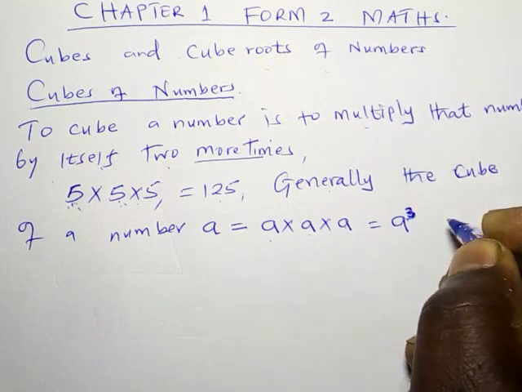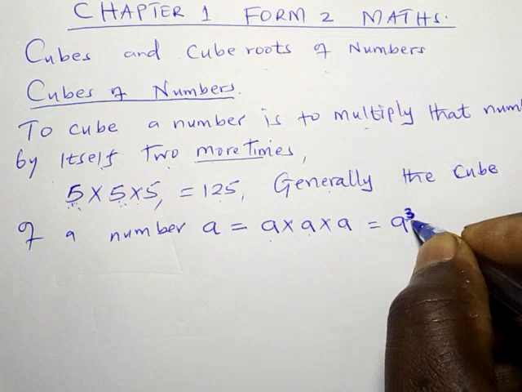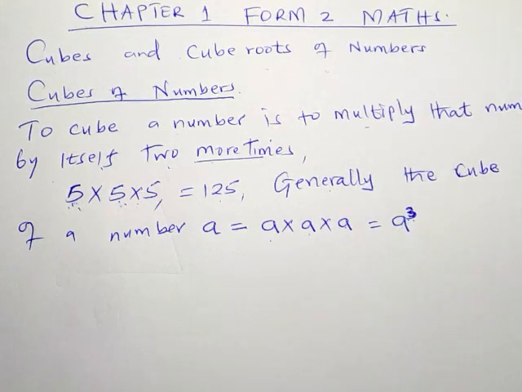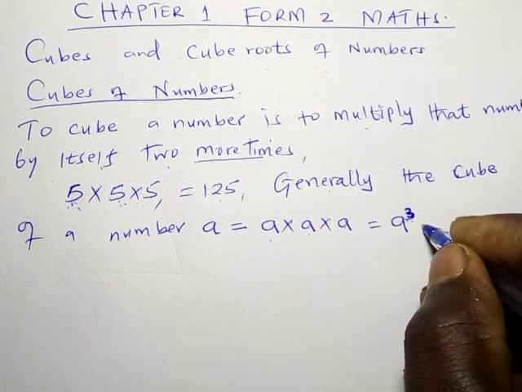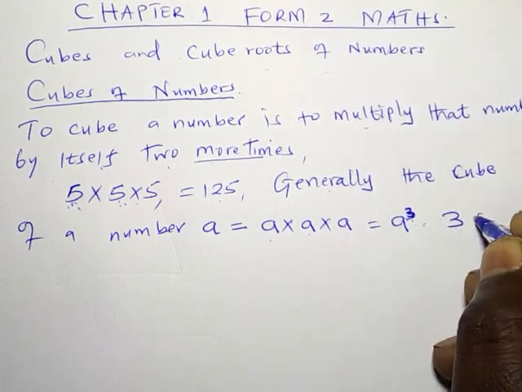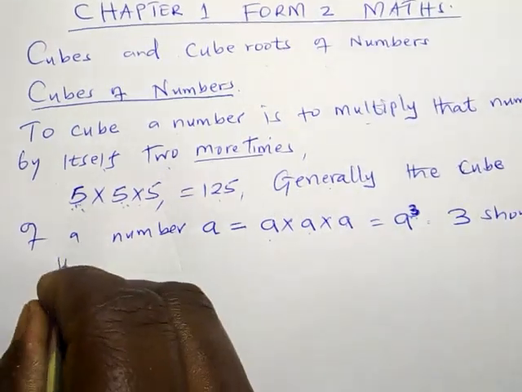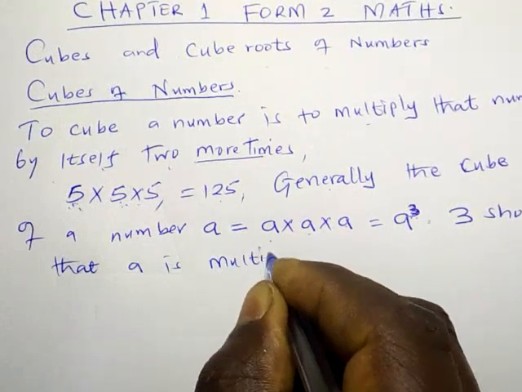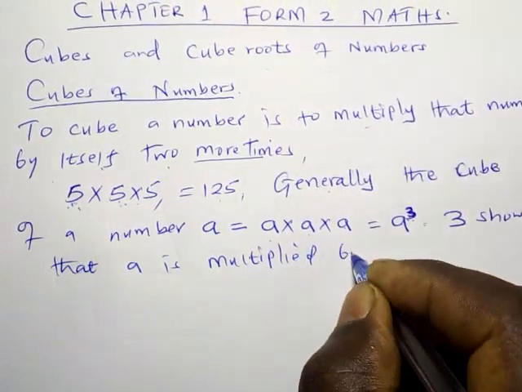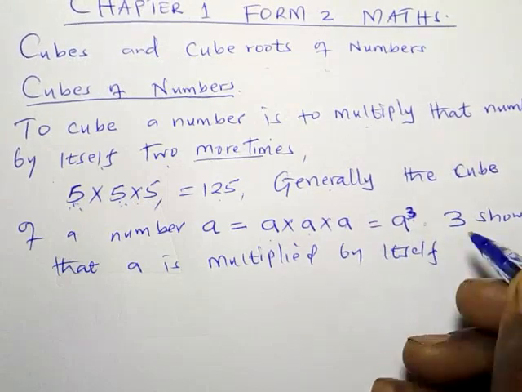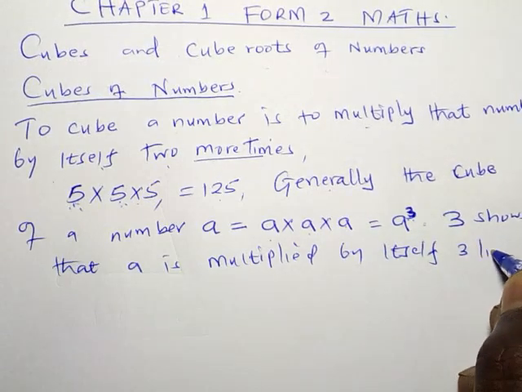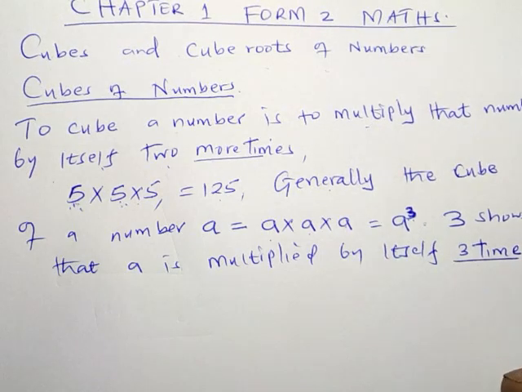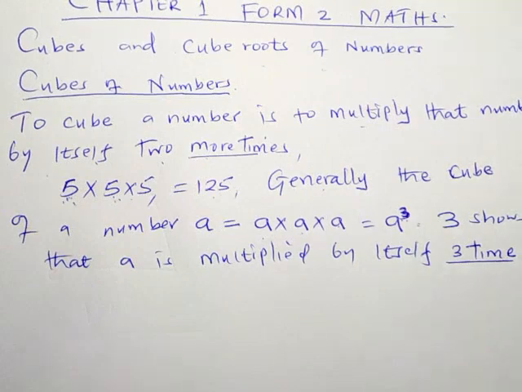The 3 here means that A is multiplied by itself 3 times.